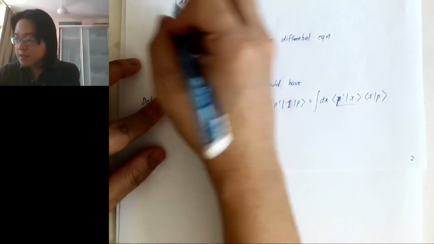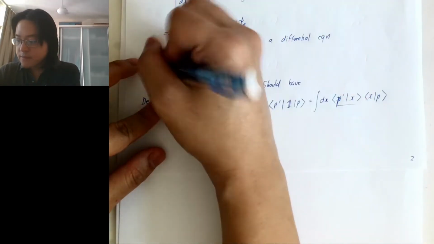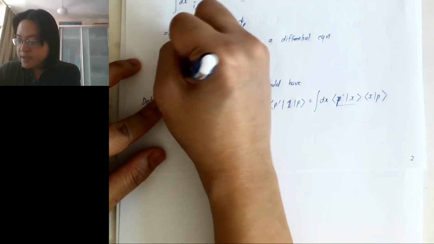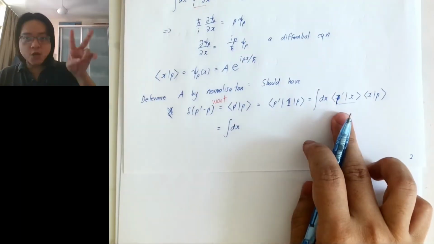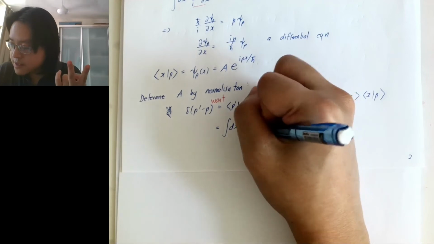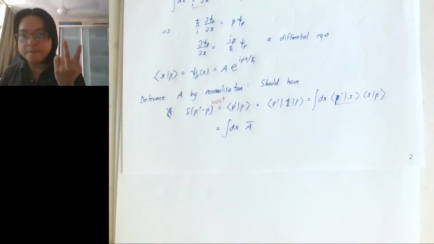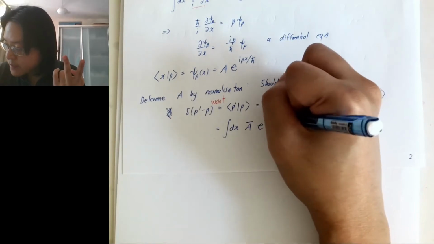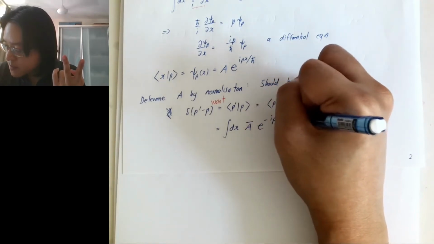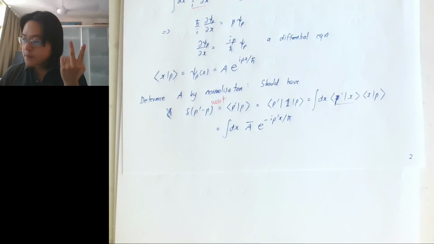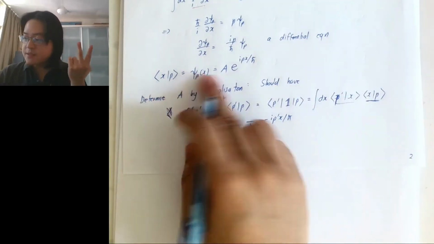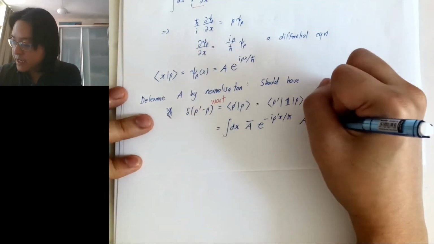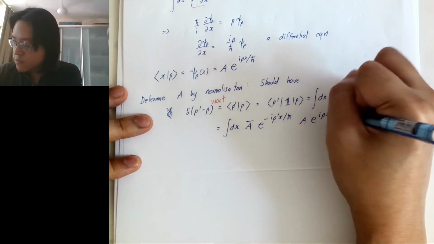This is xp, right? So this is a complex conjugate, so that you got e to the negative i p prime x over h bar, and then this term is xp, so that's the normal one, so this is a e to the i p x over h bar.